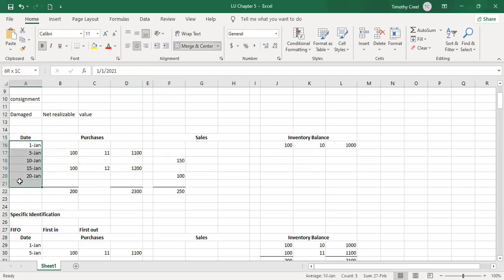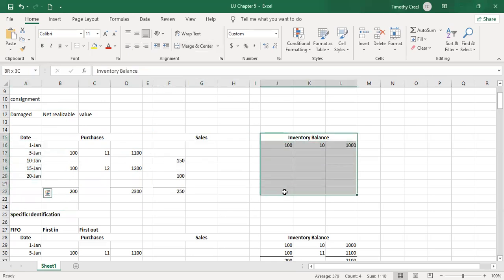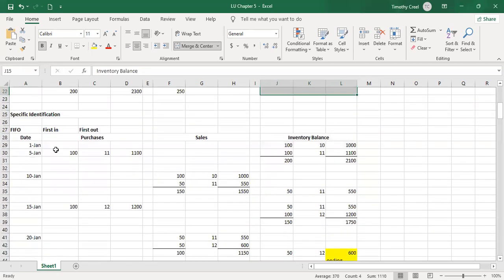I've got the dates, of course, right here. And then this is going to be the running inventory balance. So we're going to look at all 3 of these methods, FIFO being the first one, first in, first out. And then we'll look at the other 2 as well. We're going to use the same group of information for all of them. So let's look at this one first.